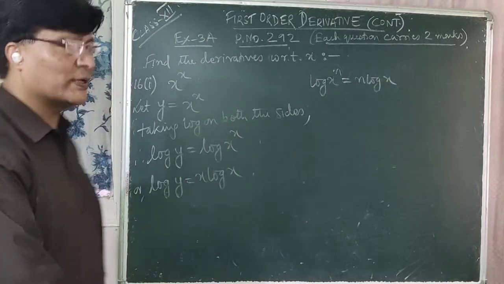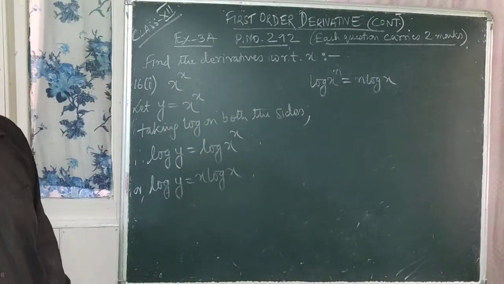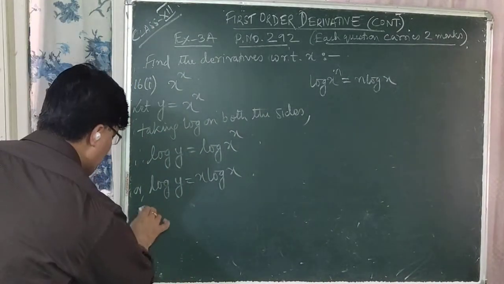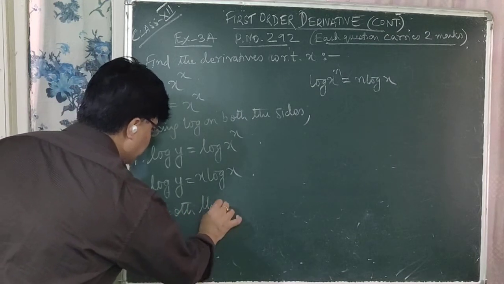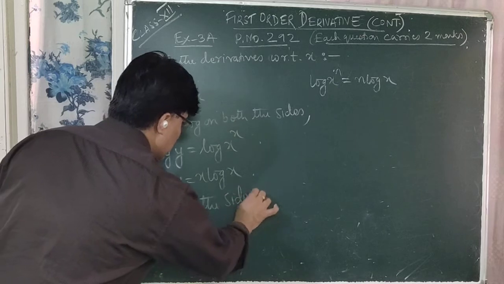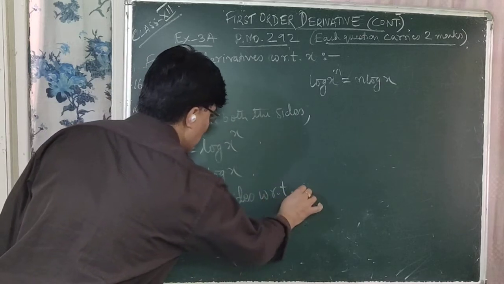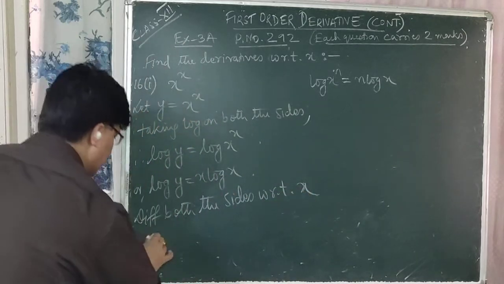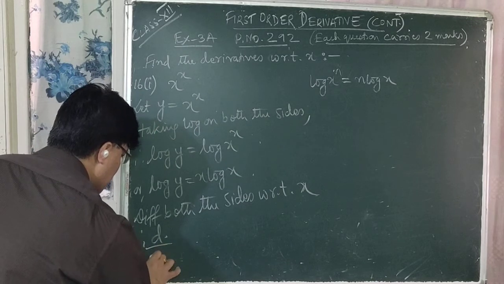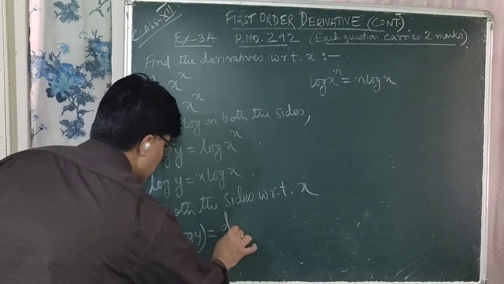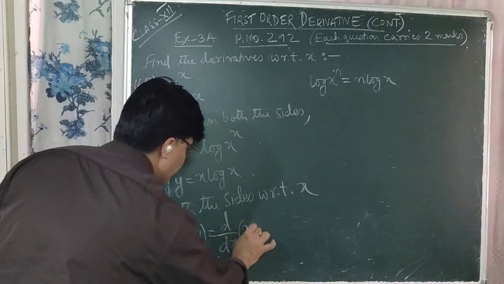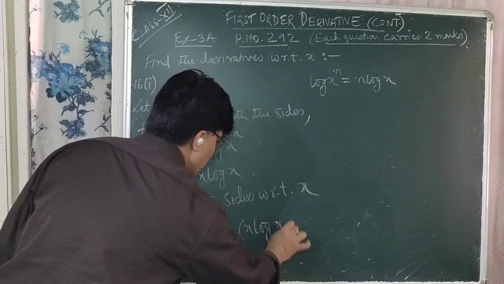So now you can differentiate both the sides with respect to x. That means d by dx of log y is equal to d by dx of x log x.